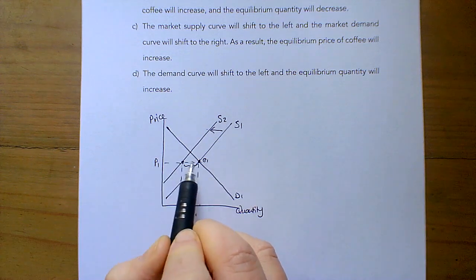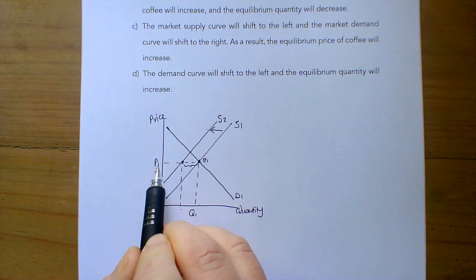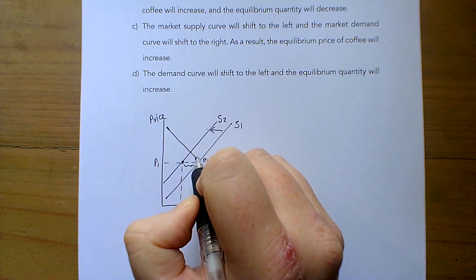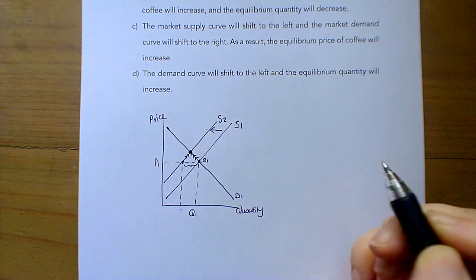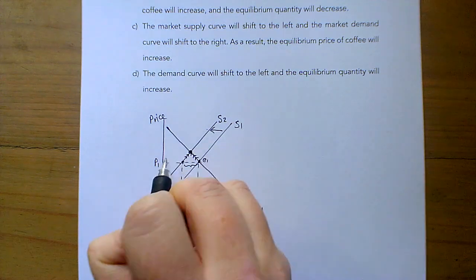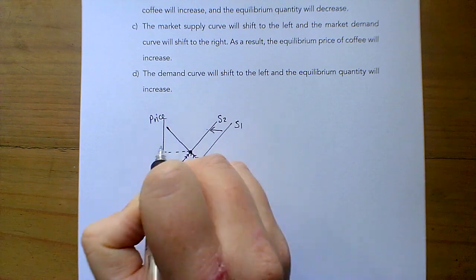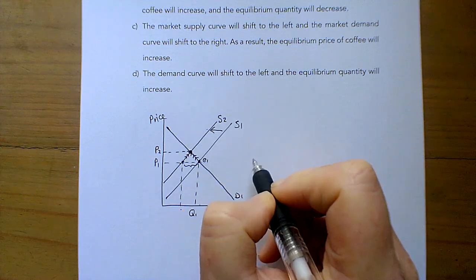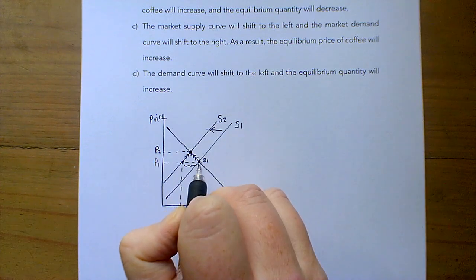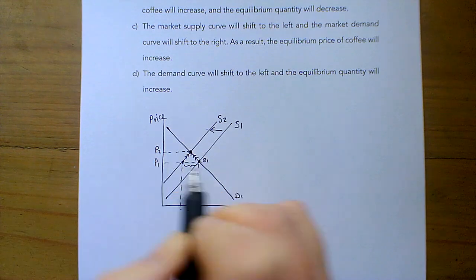And it's because of this shortage at the current market price that there is pressure on prices to increase. So this higher market price as a result of lower supply comes about because of upward pressure on prices due to a shortage at the existing market price.